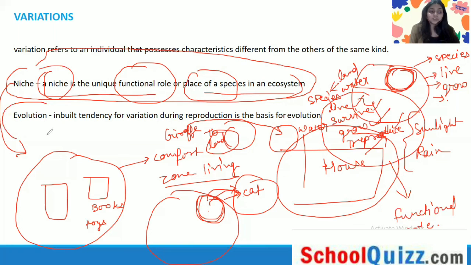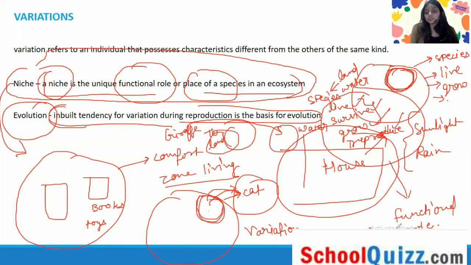And what is evolution? The inbuilt tendency of variation during reproduction is the basis for evolution. So variation over thousands of years leads to evolution.